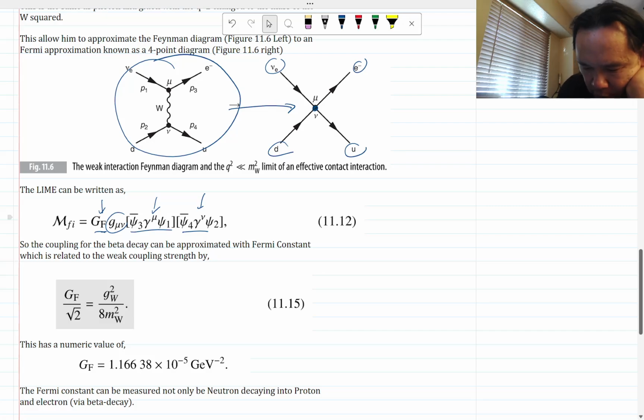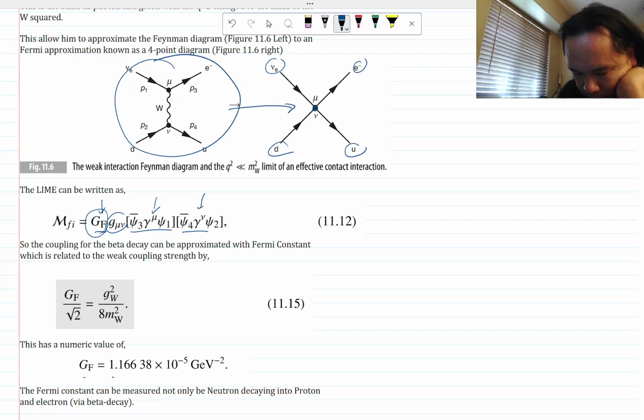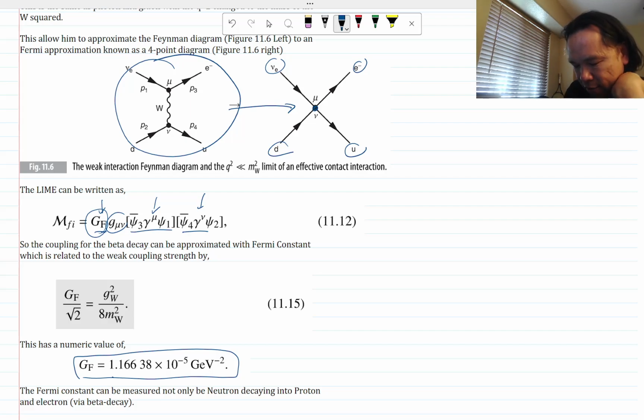The Fermi constant has an actual measured value. These were being measured because you can measure the decay rate of neutrons. And by just measuring the decay rate of neutrons, you are able to experimentally figure out that the Fermi constant is about 1 times 10 to the negative 5, with a unit of inverse GeV squared. It is actually related to the weak coupling constant.